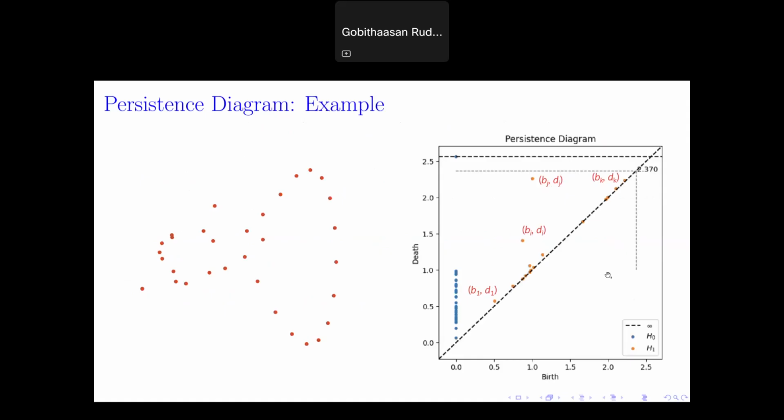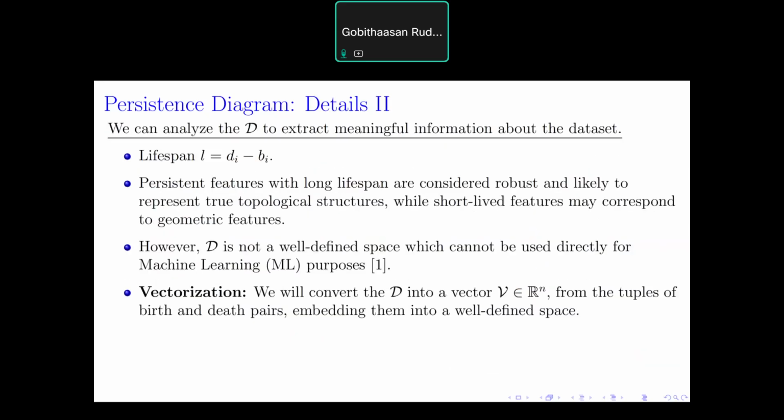So this is not a proper space. The space should be proper, meaning all the space is well defined, whereas the part below the diagonal line has no meaning for the persistence diagram here. So we need to convert it in such a way that the space is well defined.